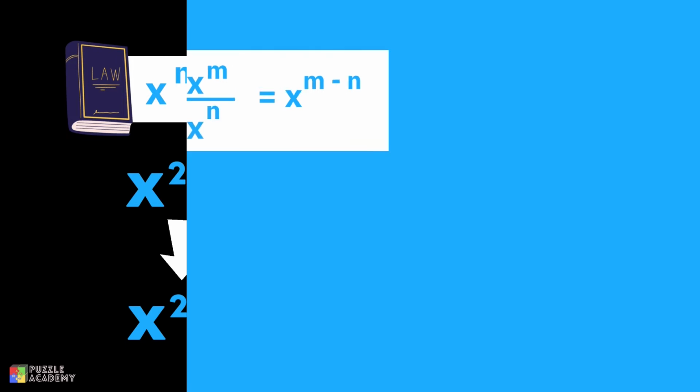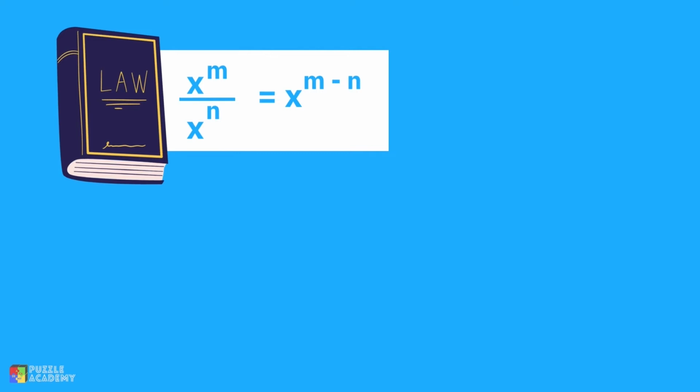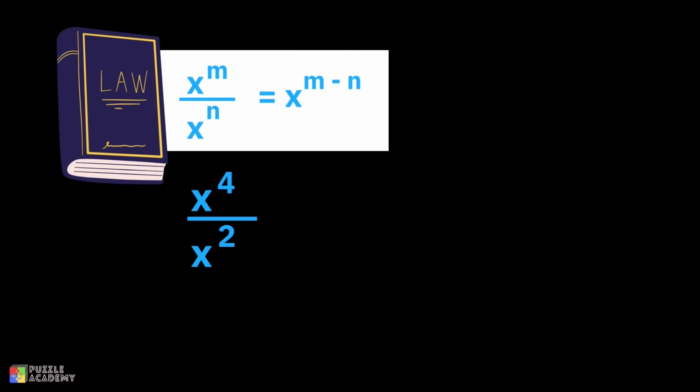Now, we're going to talk about the law that x raised to m over x raised to n equals x raised to m minus n. Like the previous example, how many times do we end up multiplying x? The answer is m times. Then reduce that by n times because we are dividing, for a total of m minus n times. For example, x to the 4th power over x to the 2nd power.